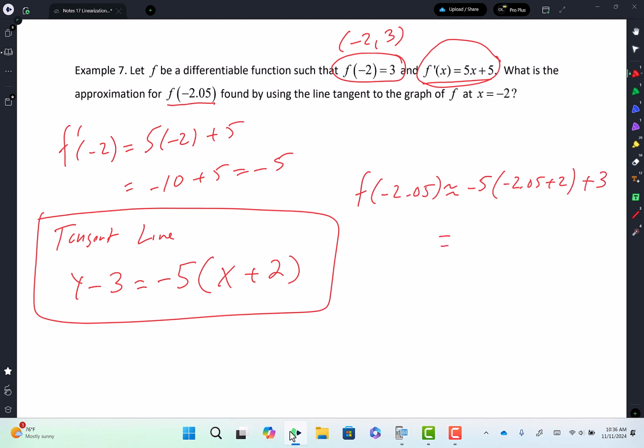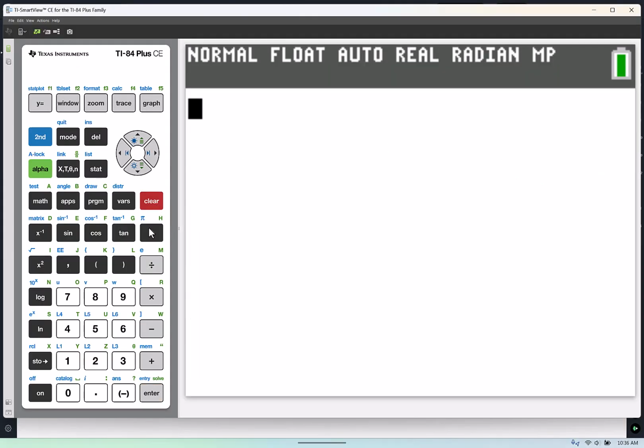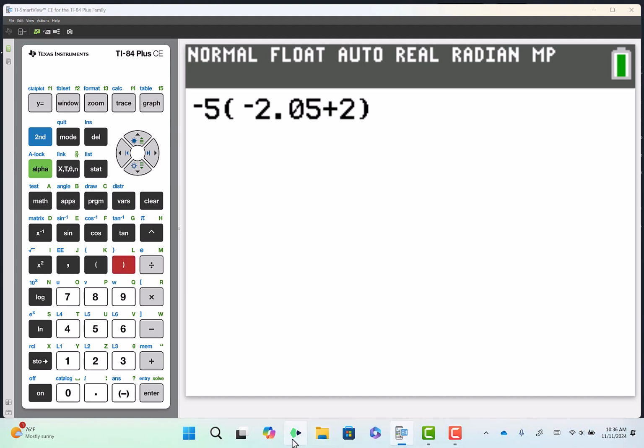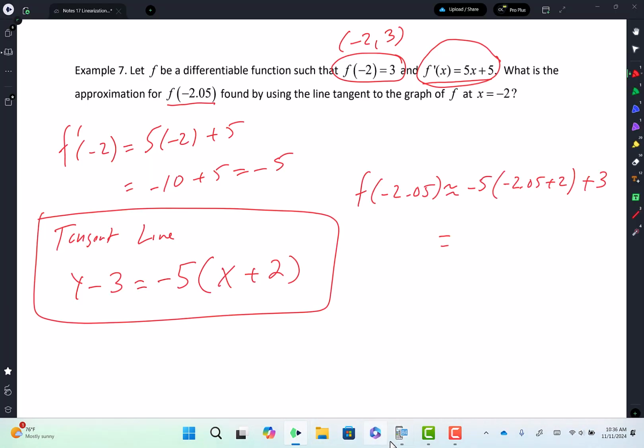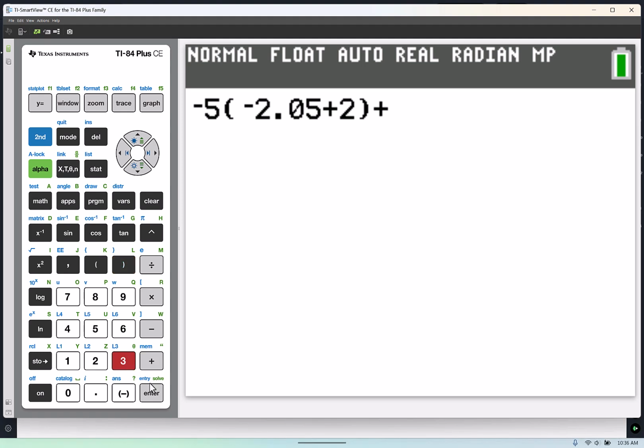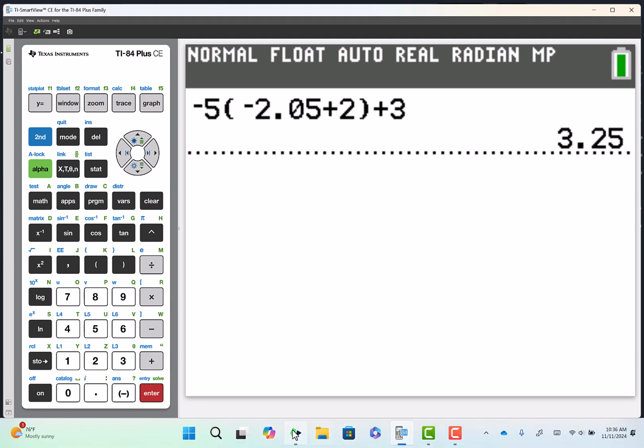Take your calculator. Negative 5 times (negative 2.05 plus 2). I know that's negative 0.05, but just in case, so we won't make any mistakes, plus 3. And there it is, 3.25. That's the approximation.